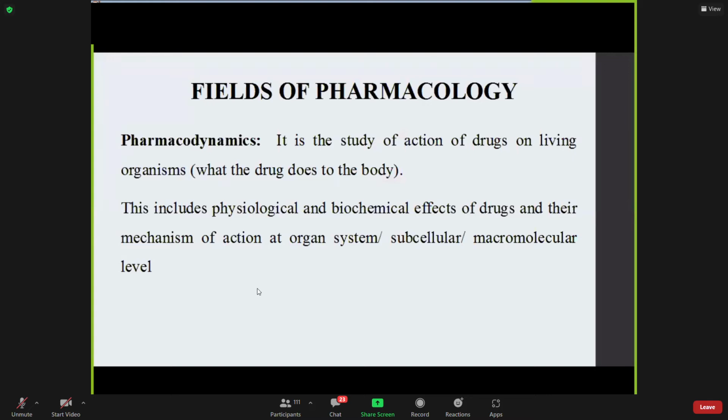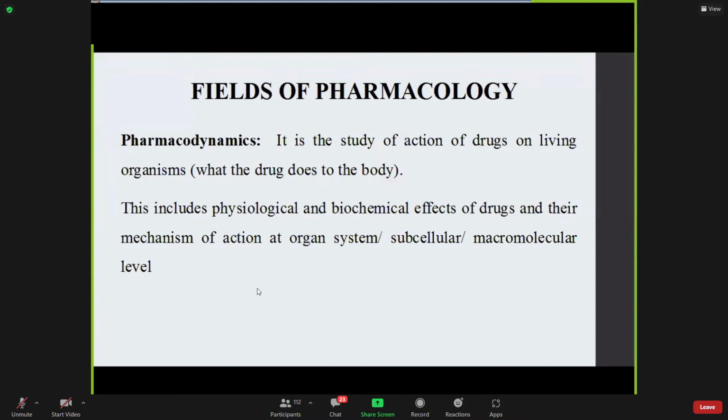One such field is pharmacodynamics. Pharmacodynamics is the study of the action of drugs on a living organism. In short, we can say it is what the drug does to the body. So, effects of drugs on the body. This includes physiological and biochemical effects of drugs.